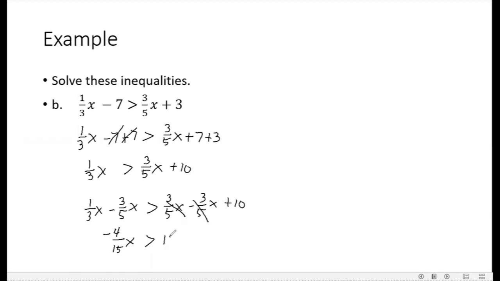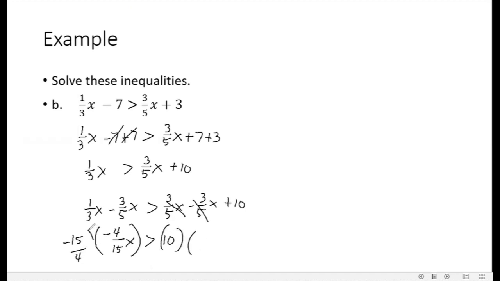Bring down 10. Then, to eliminate our coefficient, we multiply by its reciprocal, and that is negative 15/4. The same on the right side.